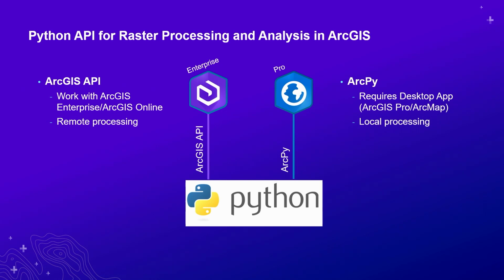The first one is the ArcGIS API, which works with ArcGIS Enterprise in a server context and ArcGIS Online, and through this API, you actually perform your operation remotely on a server. On the other side, we have ArcPy. ArcPy you use primarily to work locally for your local processing, and it is mostly used in ArcGIS Pro and ArcMap. Our focus today will be ArcPy.